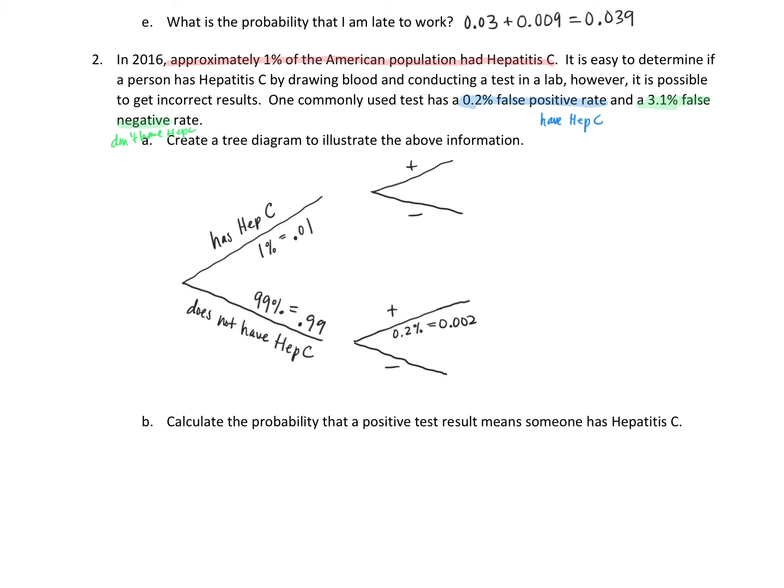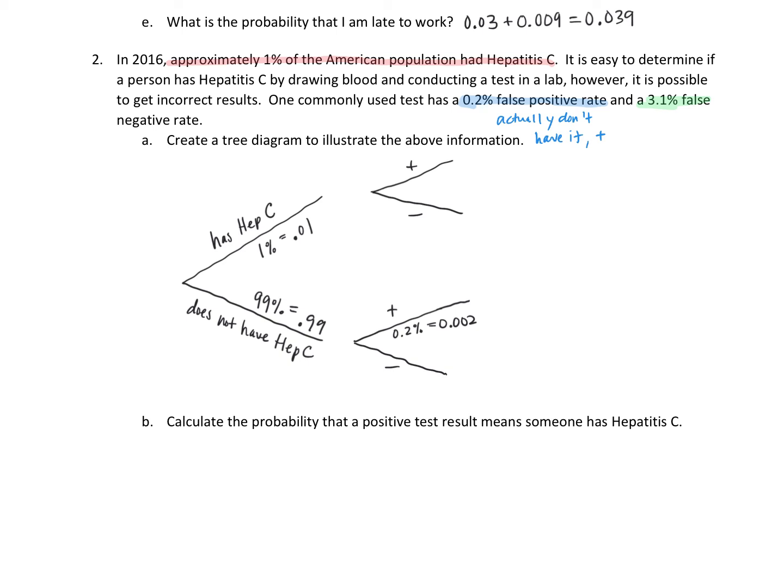So maybe my wording up here is not clear. Okay. So the test result says it's positive, but you actually don't have it. Actually don't have it, but you get a plus. Okay, so that's that bottom plus.